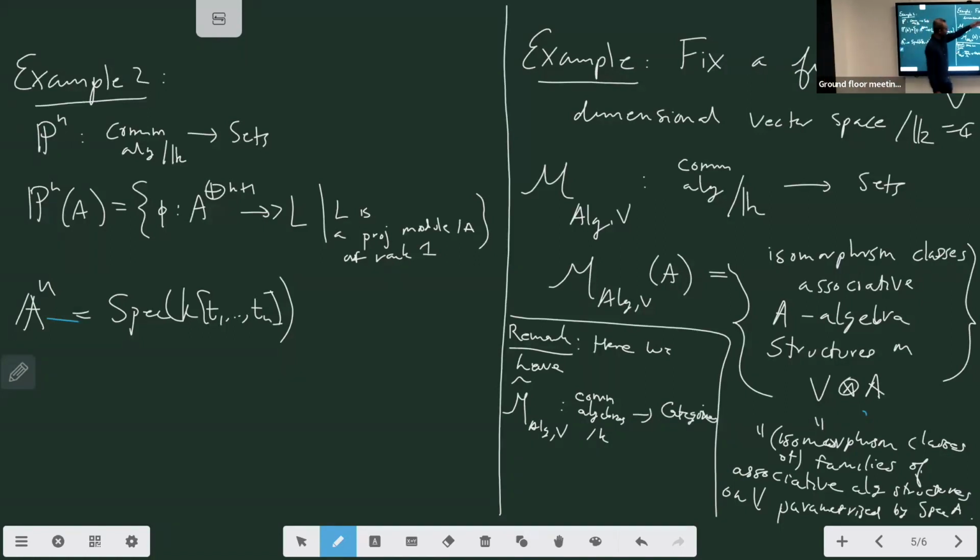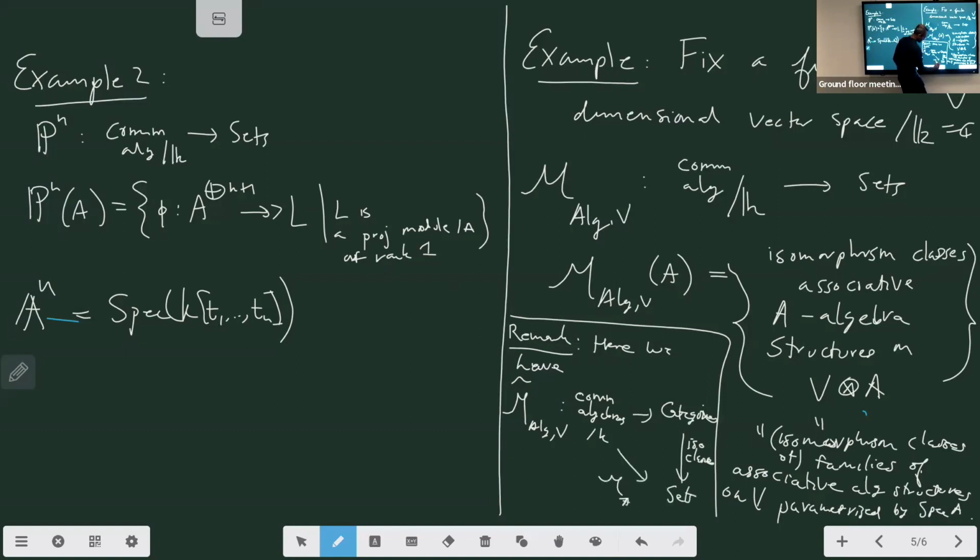And I obtained my functor M from M tilde by taking the isomorphism classes of objects in this category. By passing to iso classes, you get to sets. So this will be important later because we'll see that forgetting this information that you had a functor to categories and not just to sets causes a lot of problems. And there's a much more beautiful theory when you don't forget that information. Okay.